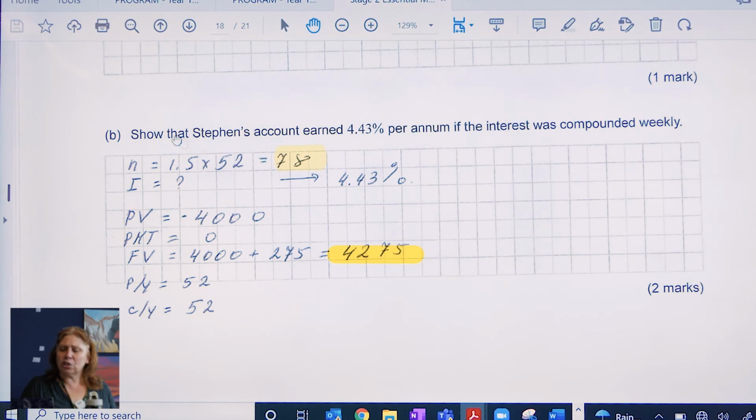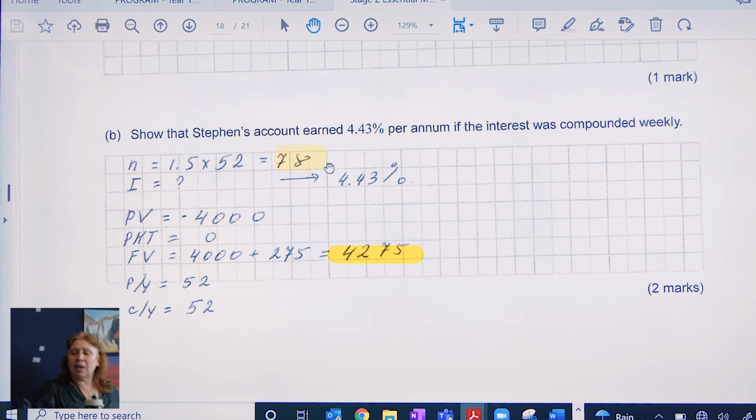So next question, show that Stefan's account earned 4.43%. Again, this is one of the questions where they can work backwards, okay? Just put in 4.43 and find out N, or one of those, okay? It's fine again.